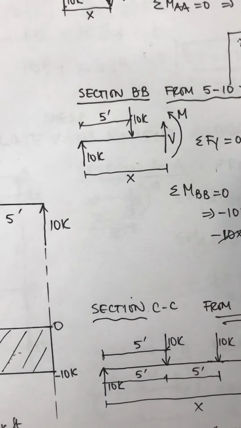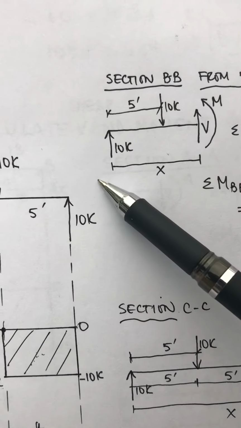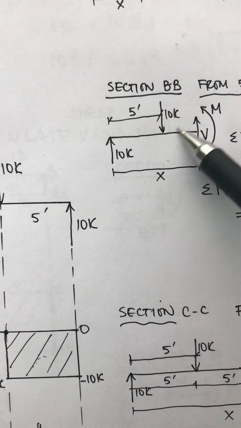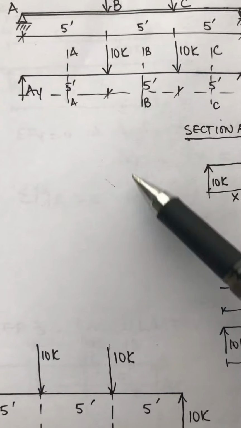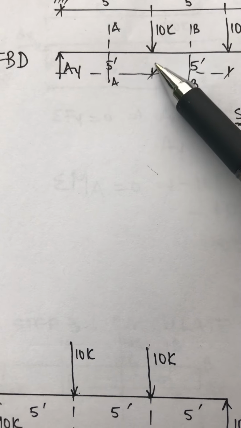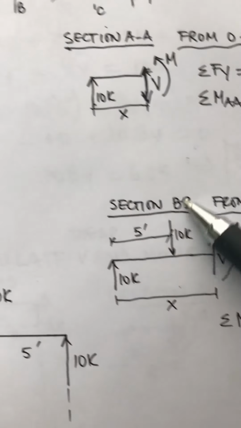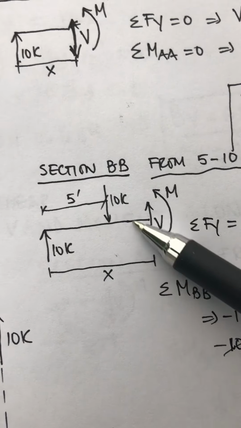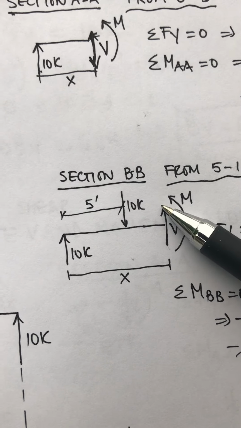The second section, BB, is the same. We have 10 and 10, and we have V. From here there's 10, then another 10K, and we have our cut BB. This 10 is going downward, so V has to go upward.